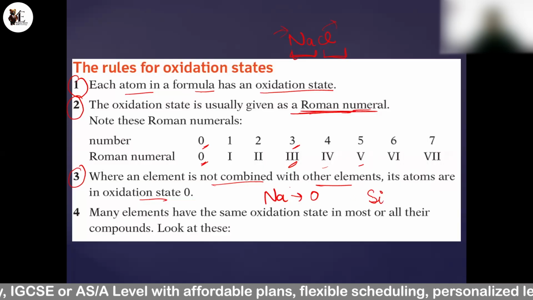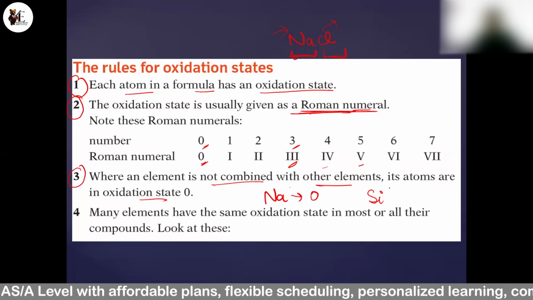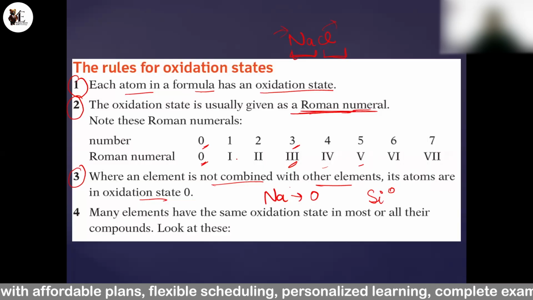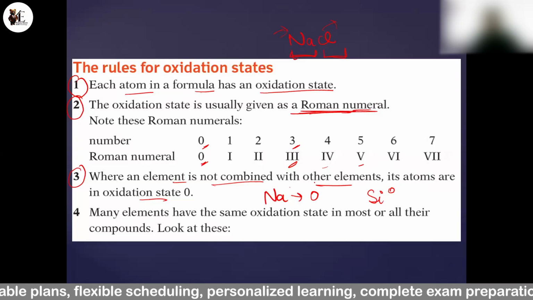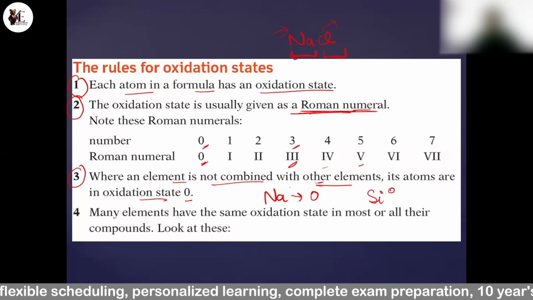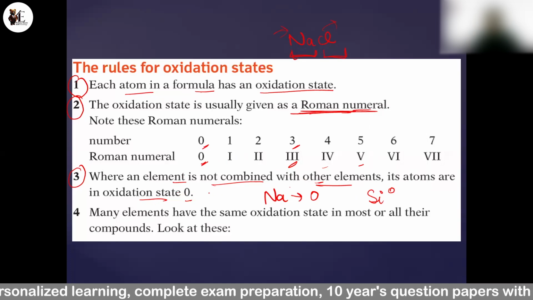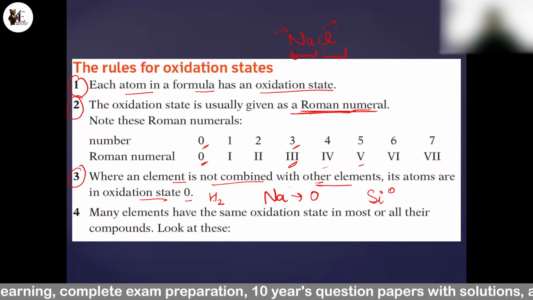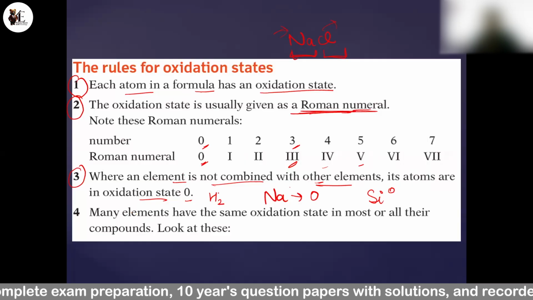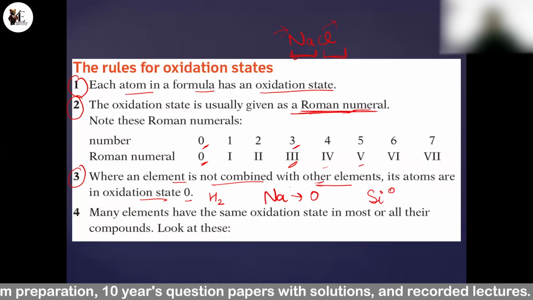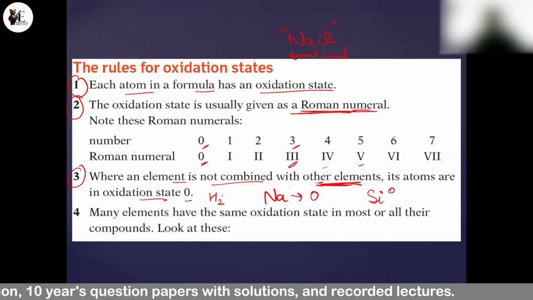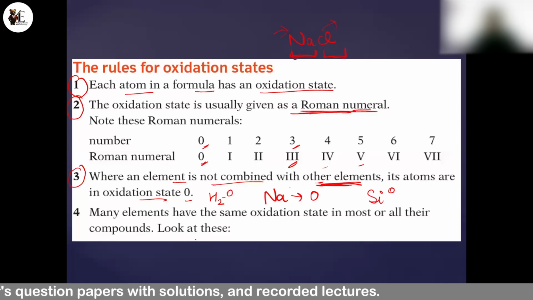It is not combined with any other element, so its oxidation state is 0. It is very simple: when an element is not combined with other elements, its oxidation number is 0. For example, H2 also. In H2, hydrogen is connected with hydrogen only, not other elements. That's why its oxidation number is also 0.